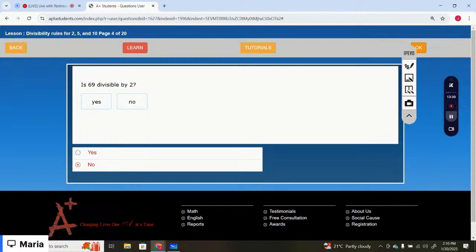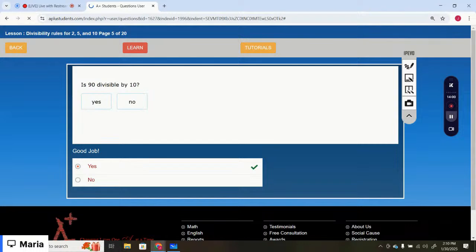Option number 2 is the correct option. Is 90 divisible by 10? Yes, it is. Option number 1 is the correct option because the ones digit is 0. So 90 is divisible by 10.